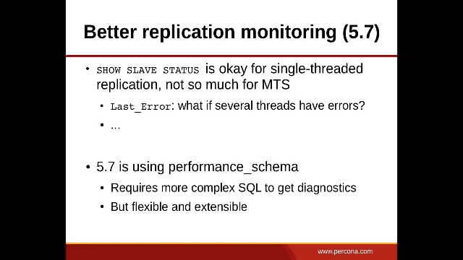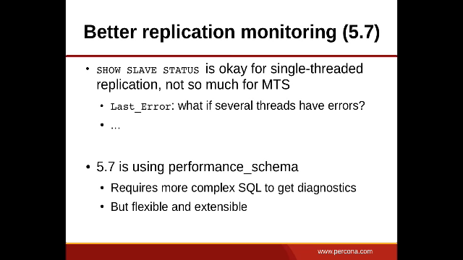Another new and interesting thing in 5.7 is that you have much better replication monitoring. In 5.6, the only way you have to monitor replication is SHOW SLAVE STATUS, which is okay for single-threaded replication, but it's not that good for multi-threaded replication. So let's say you don't use GTIDs, you have this Exec_Master_Log_Pos field, which is no longer useful. It's still there, but it's no longer useful. That's not very good.